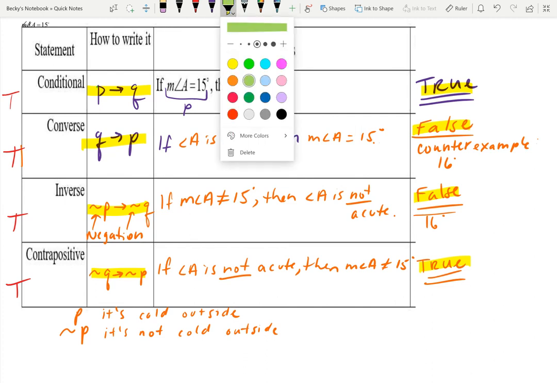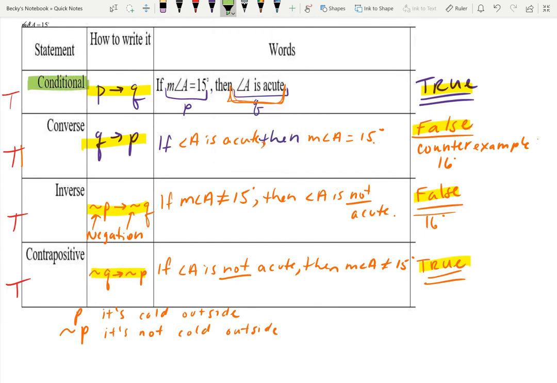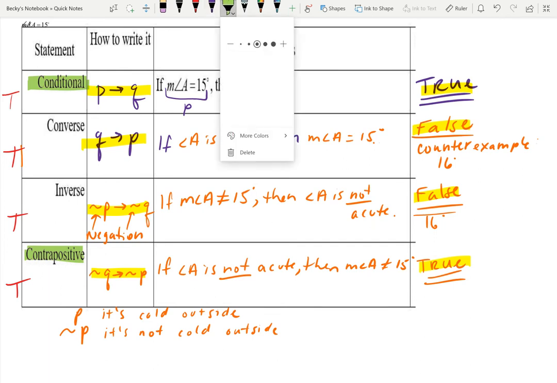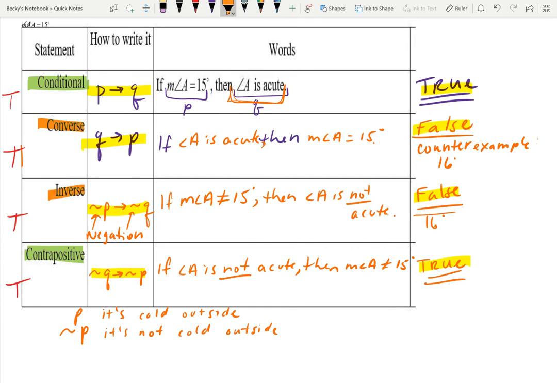That's easy. Look at it. The statements that are always 100% true are the conditional and the contrapositive, if you wrote them correctly. Now, the converse and the inverse, they're always either both true or both false. So notice they're either true, true, or false, false. And that will really, really help you.